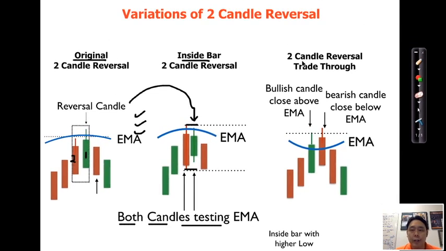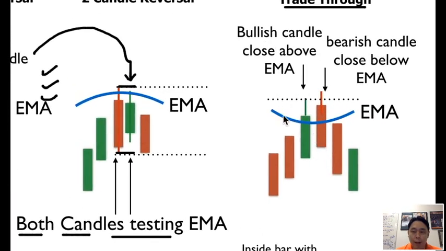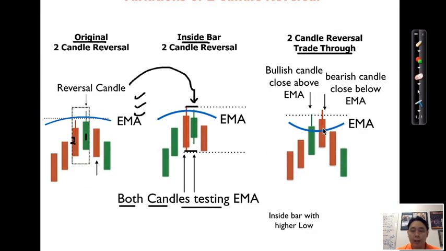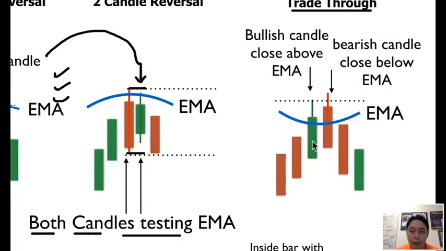The next variation is again the trade through, where the moving average is cutting the body of both candles. And once again, for the trade through, the color of the candle becomes important. It must be a bullish candle followed by a bearish candle. Why?